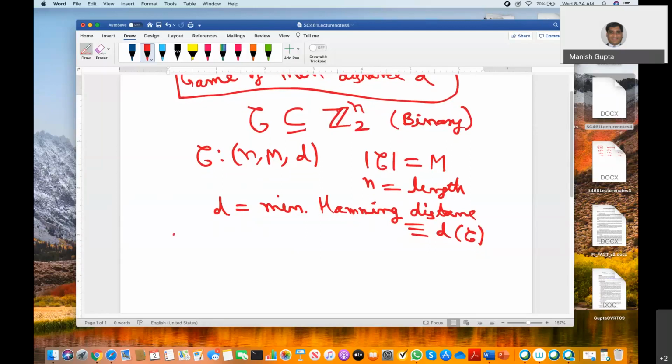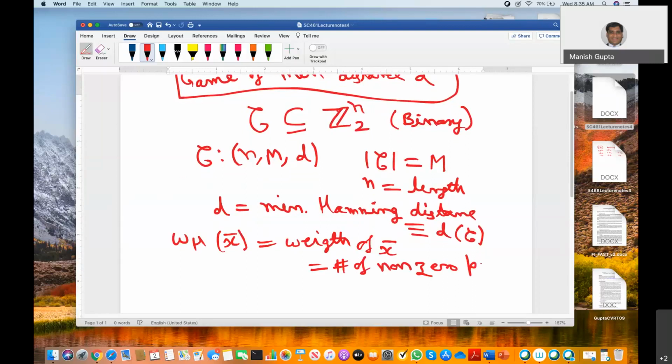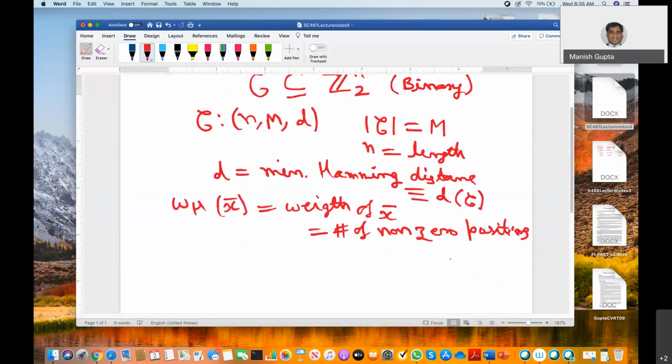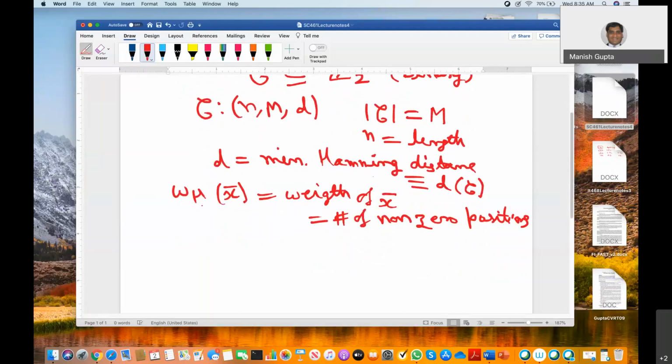If w_H of x denotes weight, which means the number of non-zero positions, that means if x is a vector like x1, x2, up to xn, I can just look at which positions are non-zero, and then we can compute the weight.